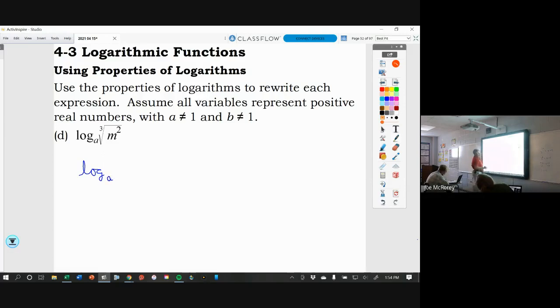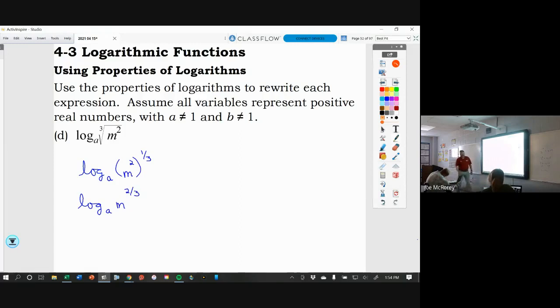Log base A of m squared to the 1/3 power. If you raise a power to a power, you multiply those exponents. So we have log base A of m to the 2/3 power.